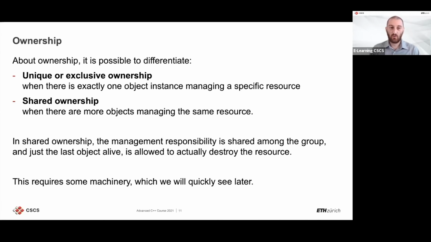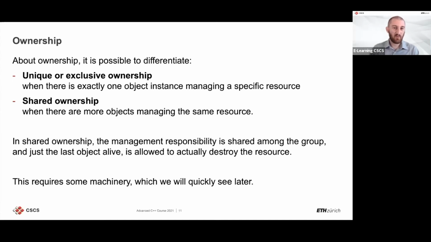For the first one, the unique or exclusive ownership, it doesn't mean that we can access the resource just from one specific point of the code. We can move around the ownership, but we are sure that just one point in the code will have the ownership of the resource. While with the shared one, we can have multiple threads sharing exactly the same resource.